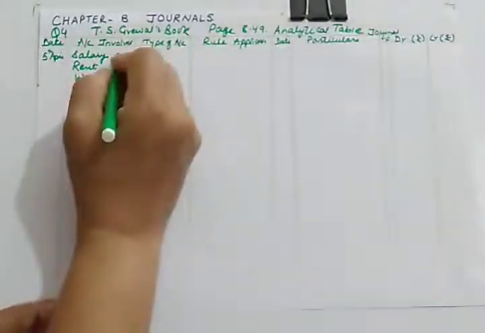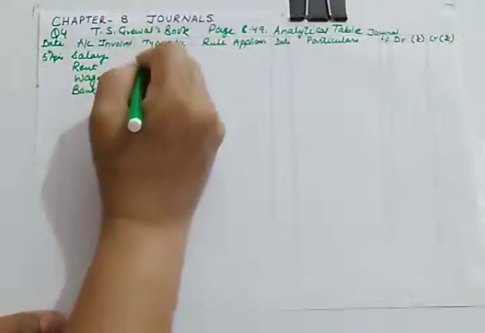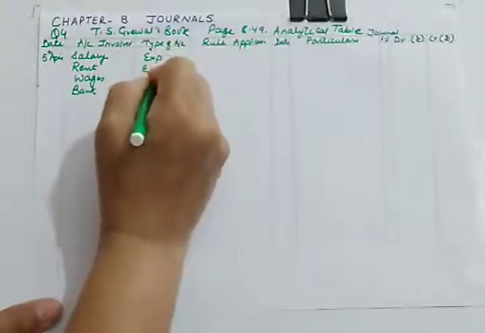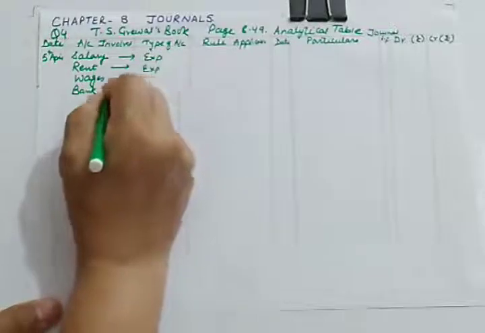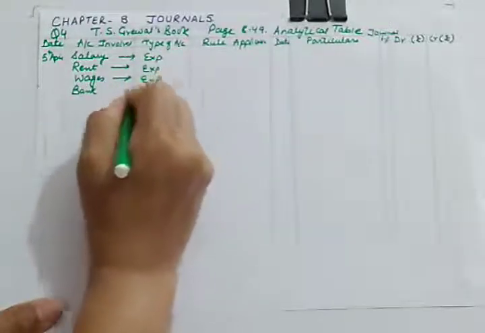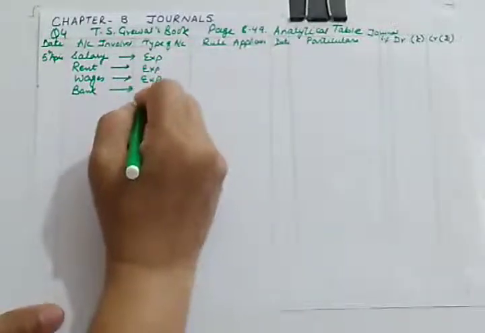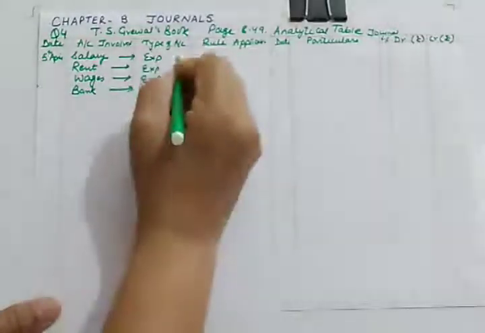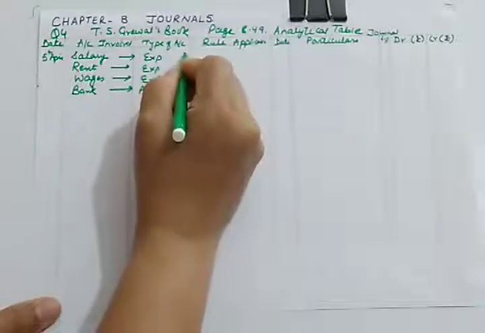So here 4 accounts are involved, and what are the types of accounts? Salary is your expense, rent is also expense, and wages is also expense, but bank is your asset. So which rule will be applicable for all these expenses?